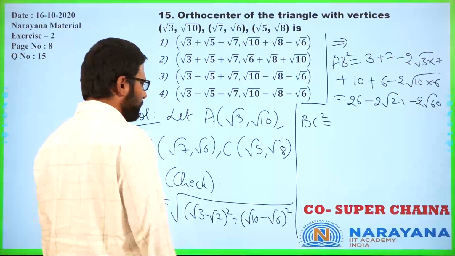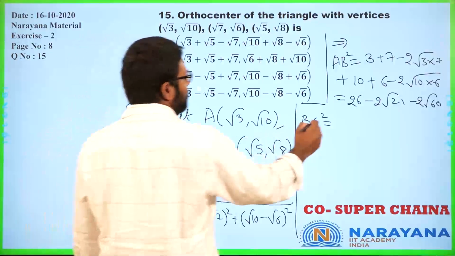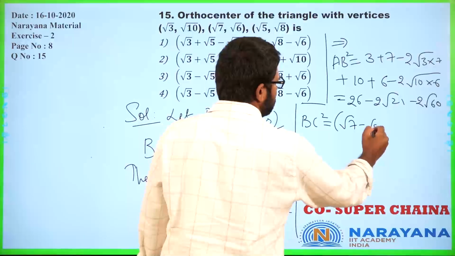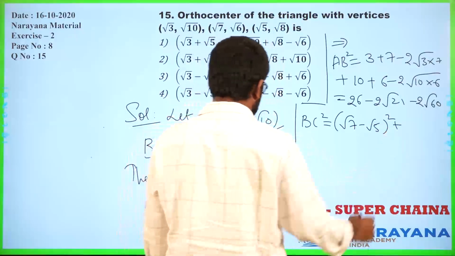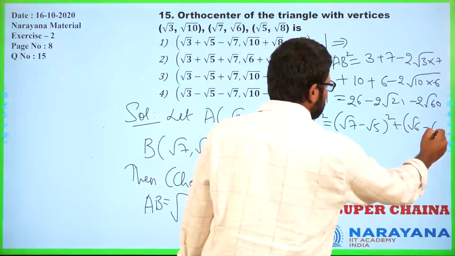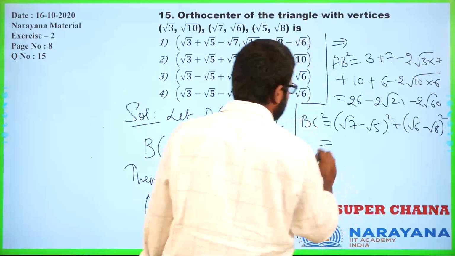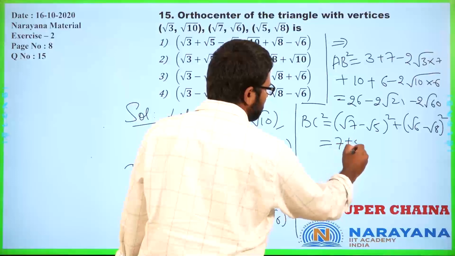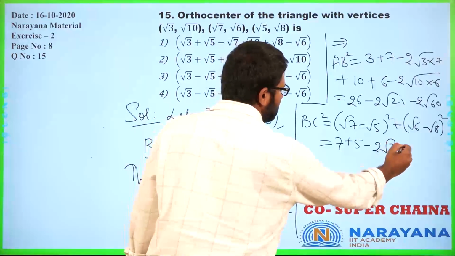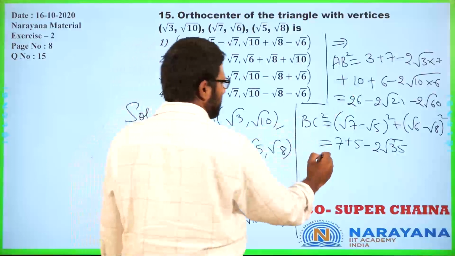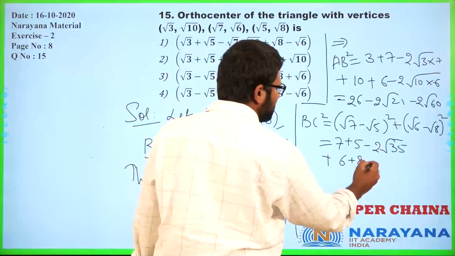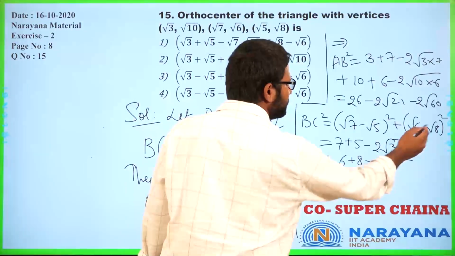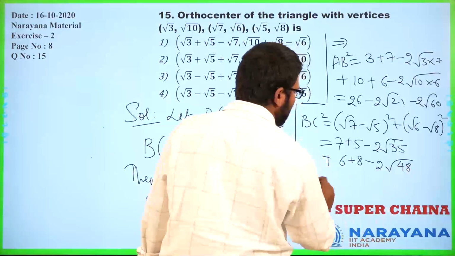BC square would be root 7 minus root 5 the whole square plus root 6 minus root 8 the whole square, right? That will come out to 7 plus 5 minus 2 root 35, that is 2 root 7 into 5, then plus 6 plus 8 minus 2 root 6 into 8, which is 48.